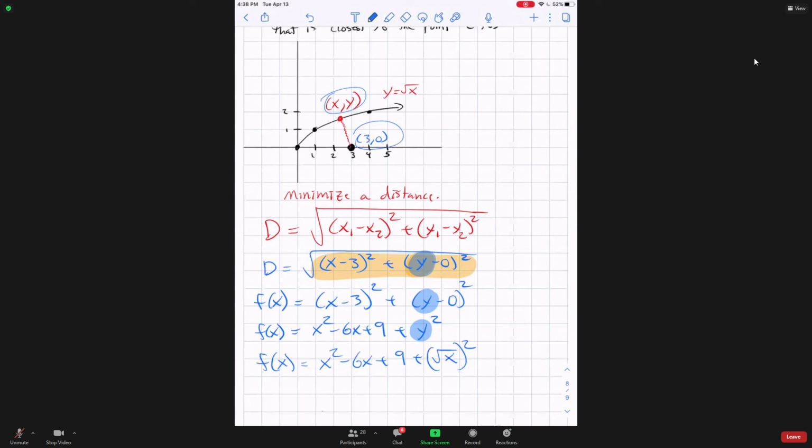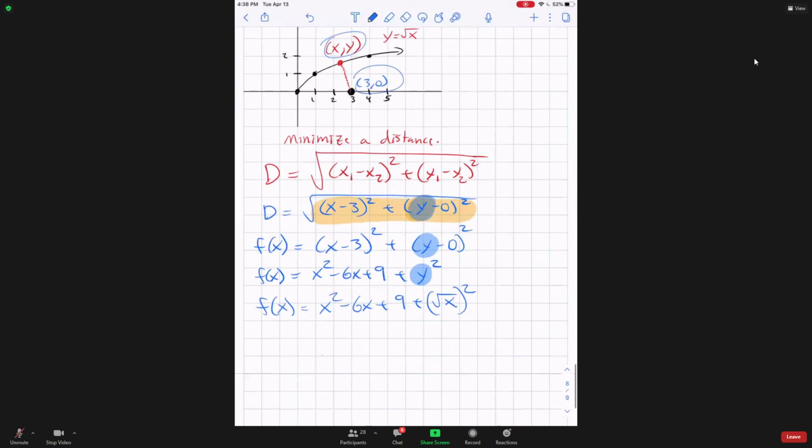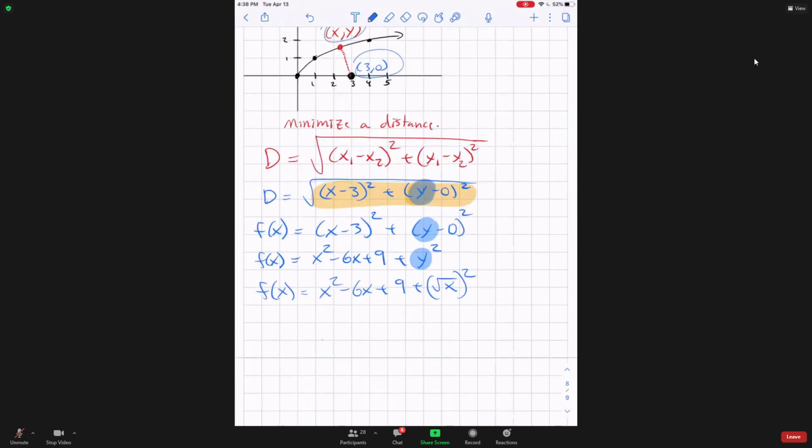Like, it's unacceptable. All right, so square root of x squared is just x. Now, you don't have to write this many lines. I'm just doing it to show you. Now, I combine like terms, f of x equals x squared minus 5x plus 9.